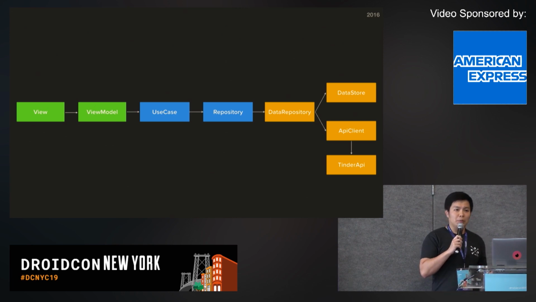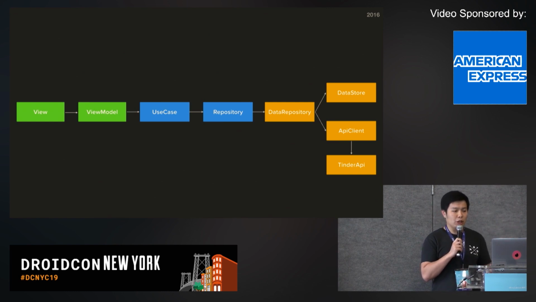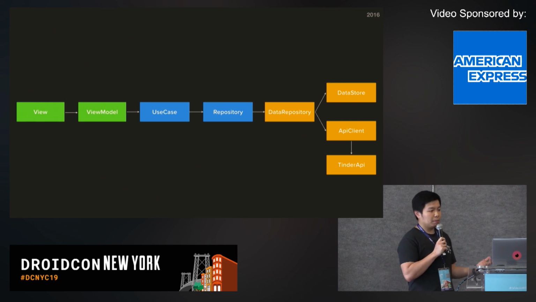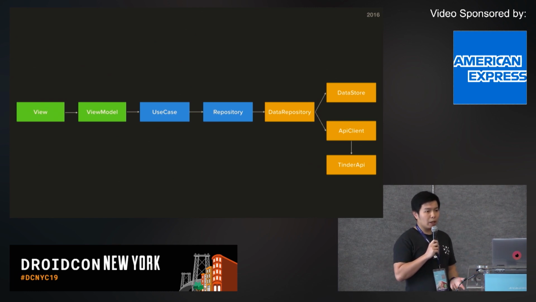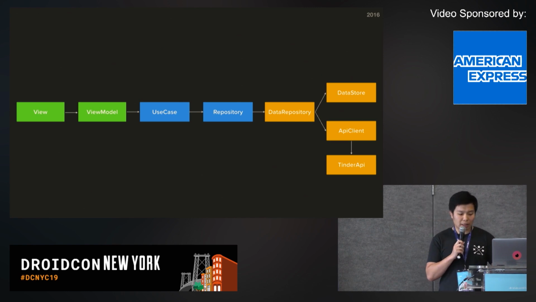The use case handles all your business logic. Today, some of the features are powered by a state machine, which drives the business logic. When the use case needs to grab some data, we talk to a repository, which is implemented in a data repository. It may go to the data store to grab the data, or it may go to Wire to talk to our Tinder backend APIs. So this is how it looks.